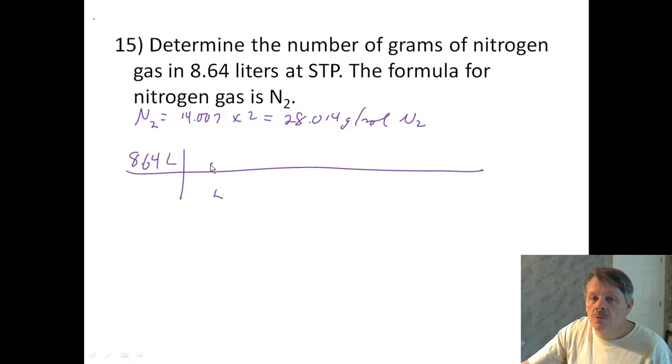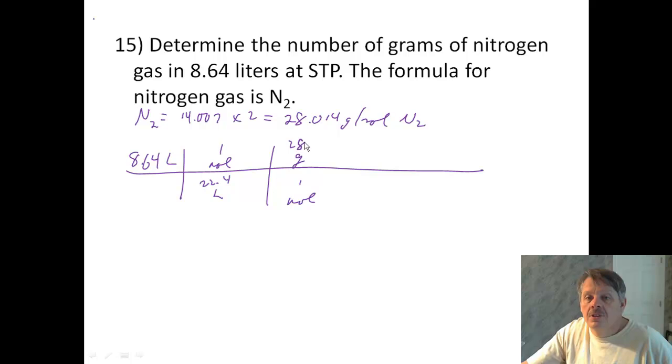And we have to go from liters to moles, and then moles to grams. And for every mole, there are 22.4 liters. And for every mole of nitrogen gas, it's 28.014 grams in 1 mole. I multiply this out, and I come up with 10.8 grams of N2 gas.